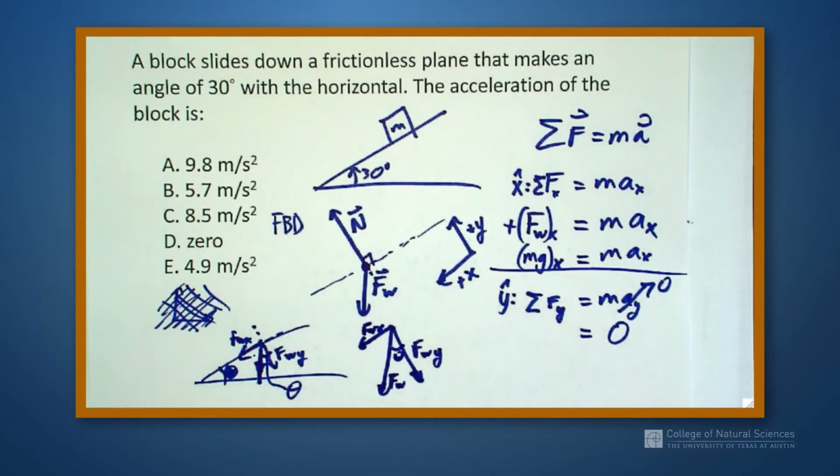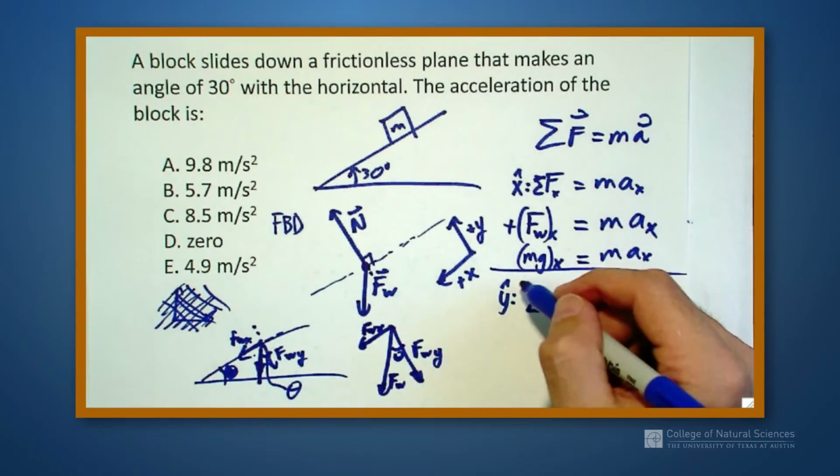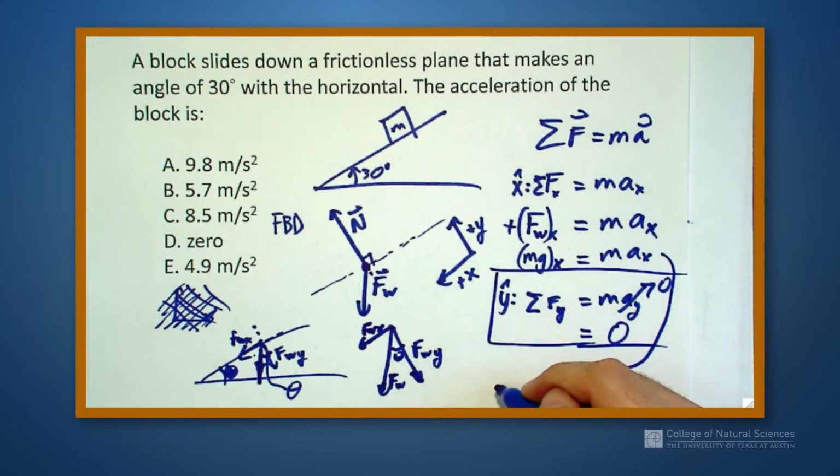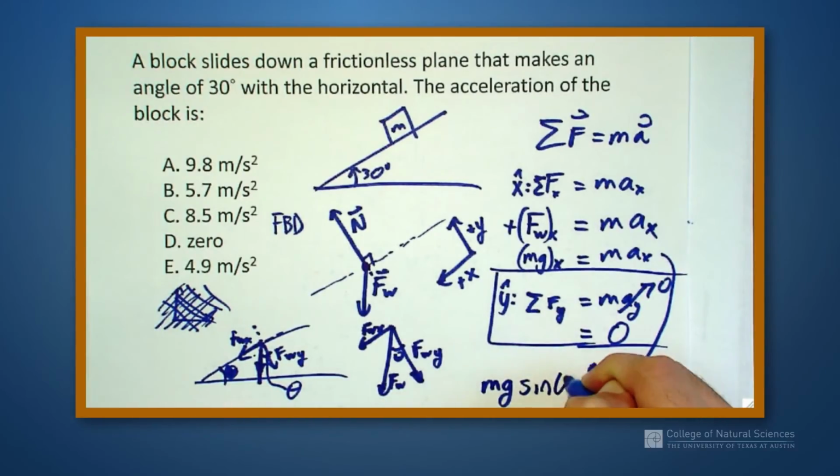That is theta. So when I look at the x direction again, I'm going to skip here and jump down over here. I have mg, my weight force, times, I want the x component, but the x component is the opposite. So sine of theta is going to be ma in the x direction.